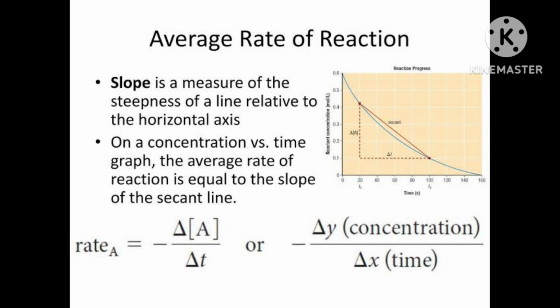At these times, the concentration of butyl chloride in mole per liter is given. At 0 time, the starting time, the concentration of butyl chloride was 0.100, or 0.1 also you can tell.